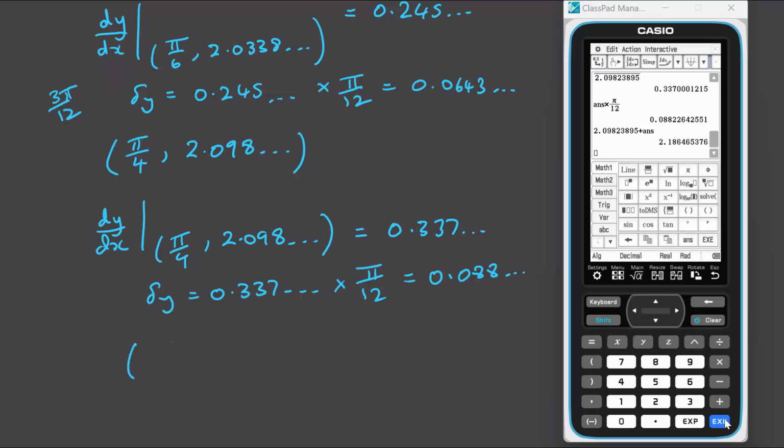So that has taken us to pi by 3, 2.186. Let's call it 2.1865, 4 decimal places. So that's our 4 steps, and we've estimated the value of y when x is pi by 3.